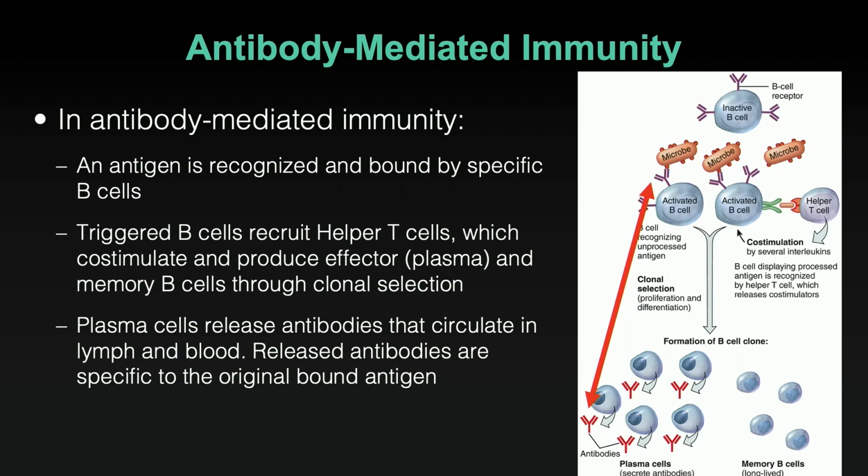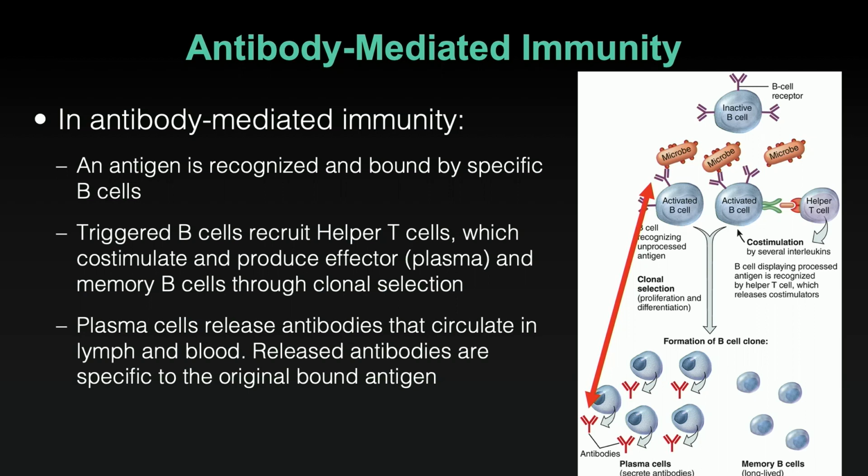So it will wake up only specific B cells. And as those B cells are co-stimulated and differentiate through clonal selection, they'll start to produce antibodies that are specific to the original trigger, which is good.